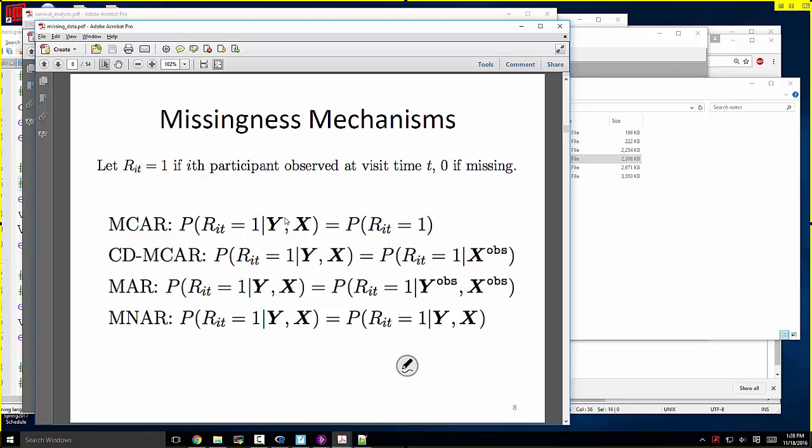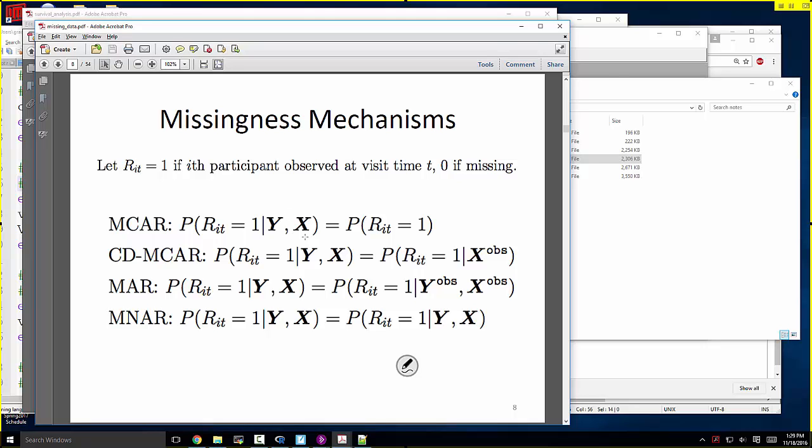There's a type of missingness called missing completely at random, MCAR. And the idea is that the probability that you are missing an observation at i, t is independent of your response and your covariates.